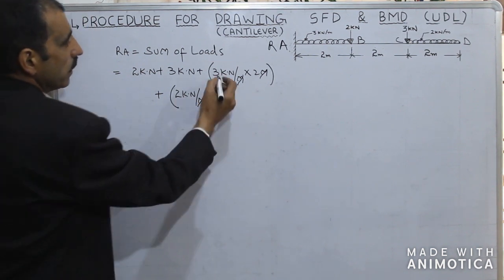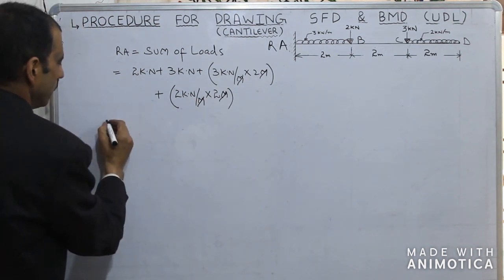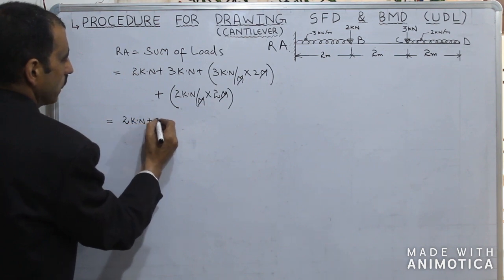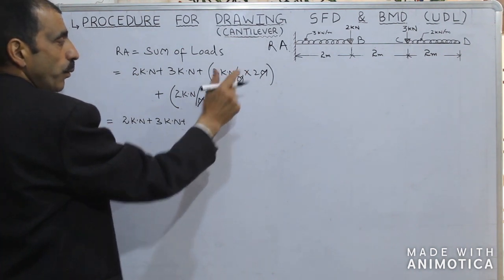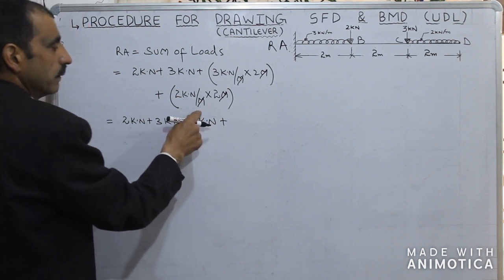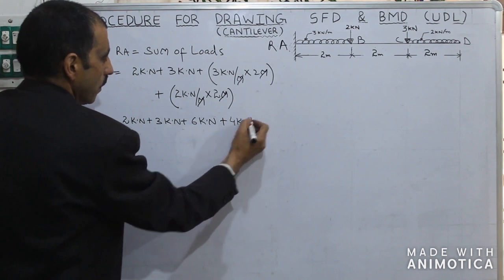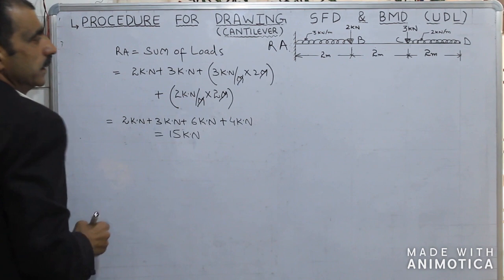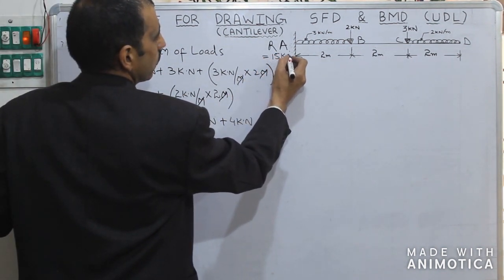That is 3 into 2, it comes 6, 2 into 2, it comes 4, plus 2 kN plus 3 kN. Converting the UDL into point load it becomes 6 kN, and again the second UDL becomes 4 kN. The total comes 15 kN. This is the reaction at the fixed end, equivalent to 15 kN.